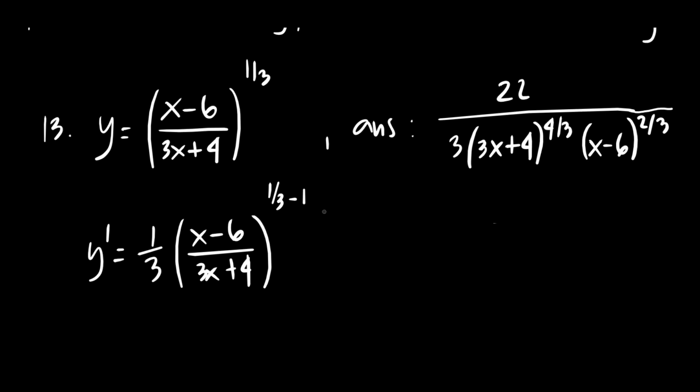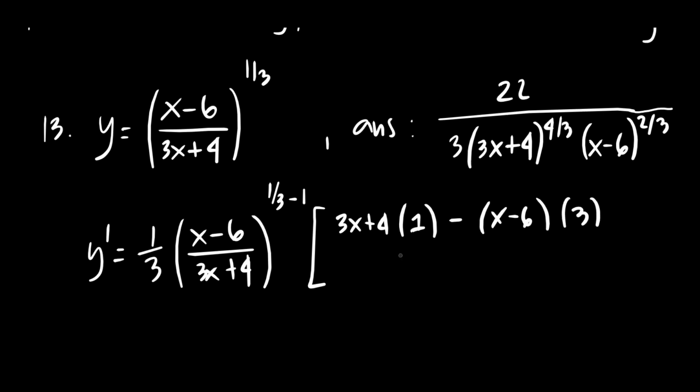Then the derivative inside: just copy 3x plus 4 multiplied by the derivative of x minus 6, which is just 1, minus, copy again x minus 6 times the derivative of the denominator 3x plus 4, so 3, all over (3x plus 4) squared.